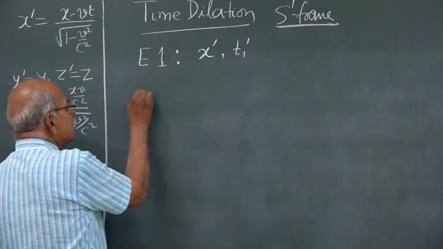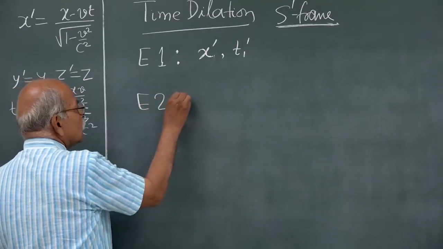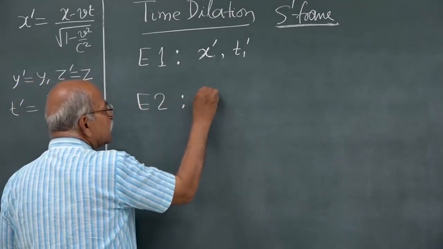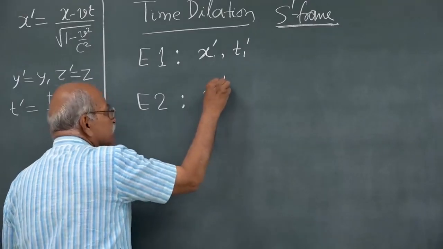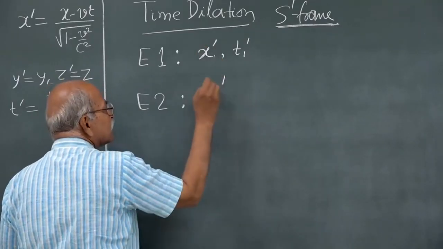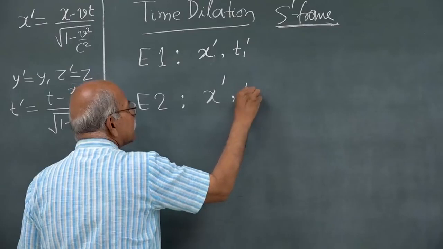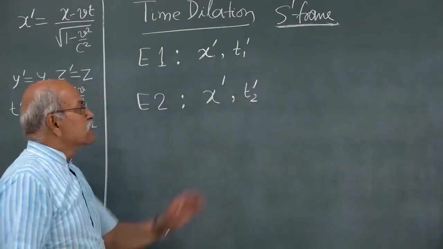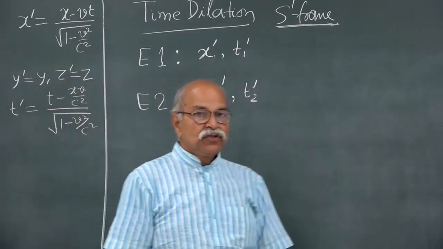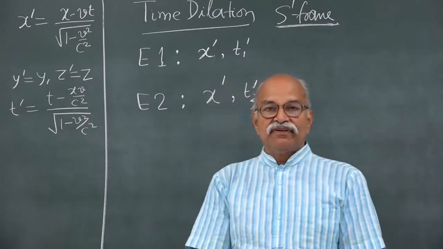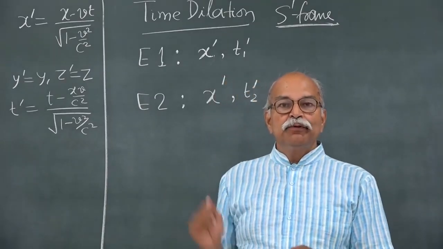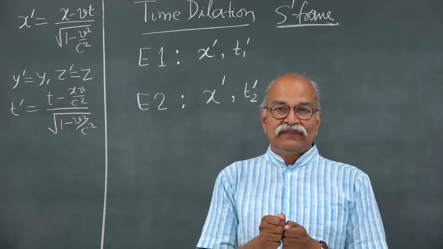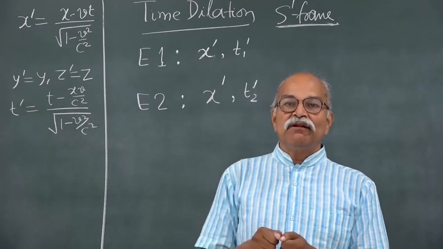Now, there is another event E2, and let us suppose that it happens at the same position. So, this x prime and this x prime are the same, but at a different, later time. Suppose I have a bulb here, and I put on the bulb, and after some time I put off the bulb.